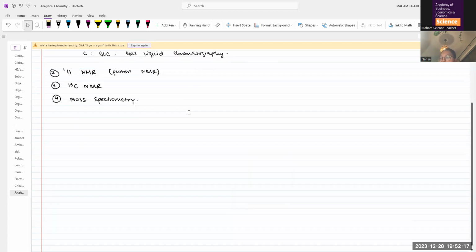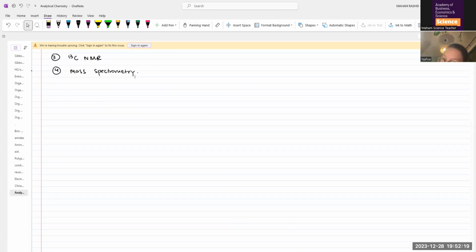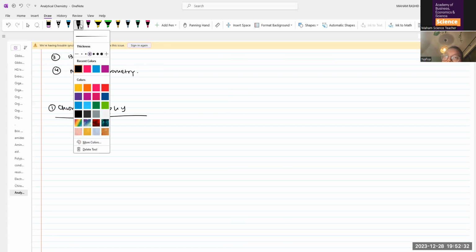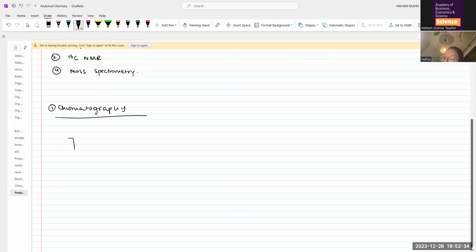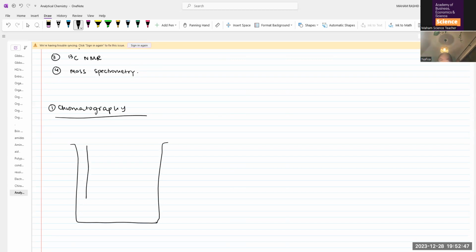So let's move on to the first technique, that is chromatography. So here's the diagram for it. This is the whole setup. Okay. We have our chromatography paper attached.